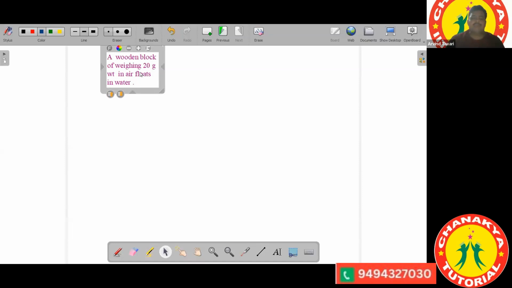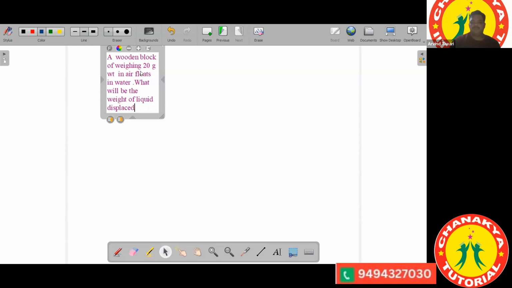So you have to calculate here what will be the weight of liquid displaced. Weight of liquid displaced. Okay. So what would be the weight of liquid displaced that you have to tell?